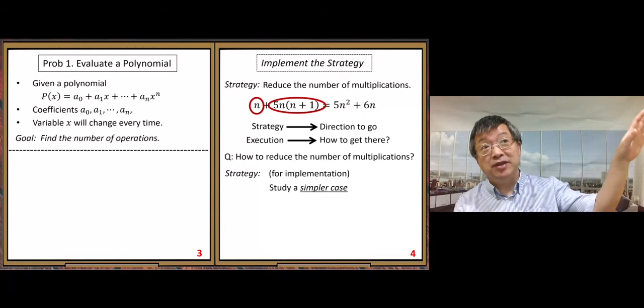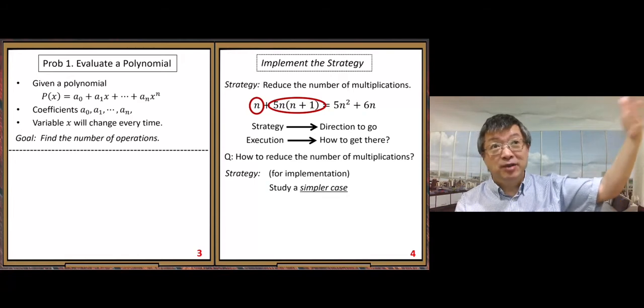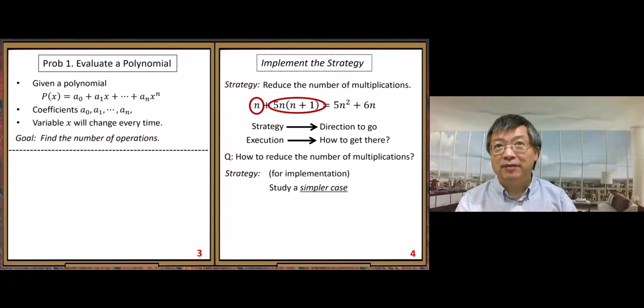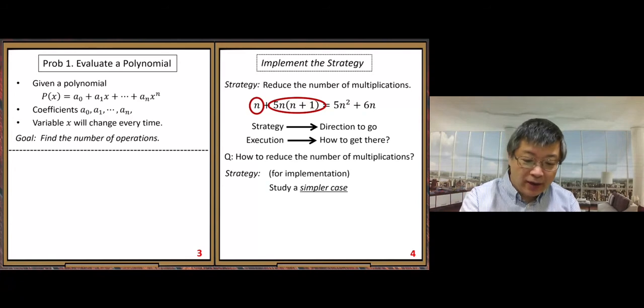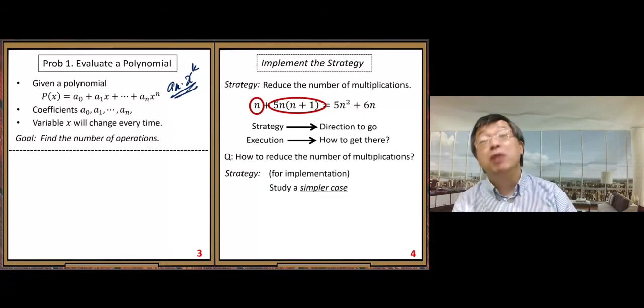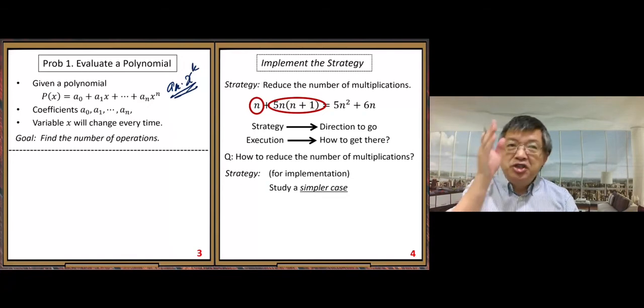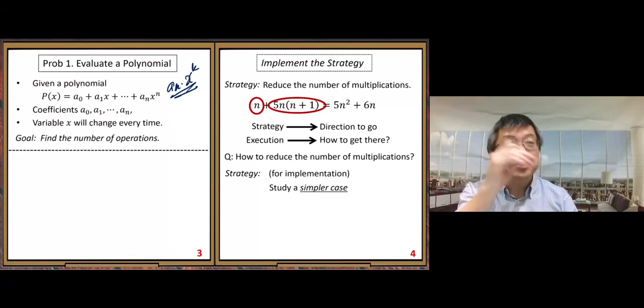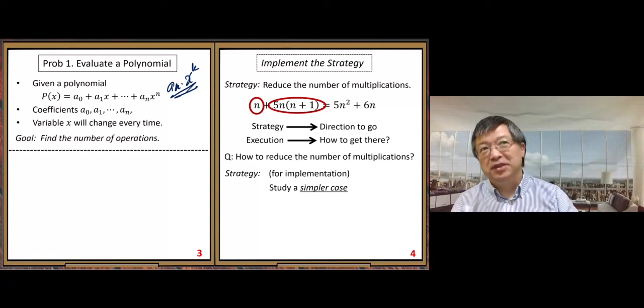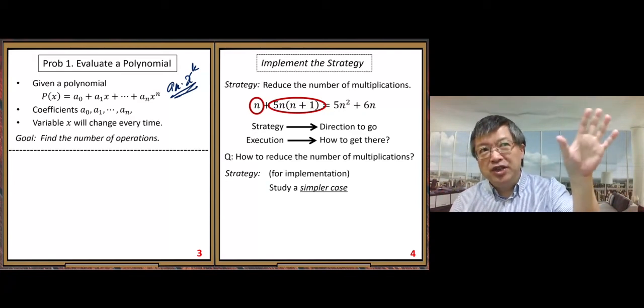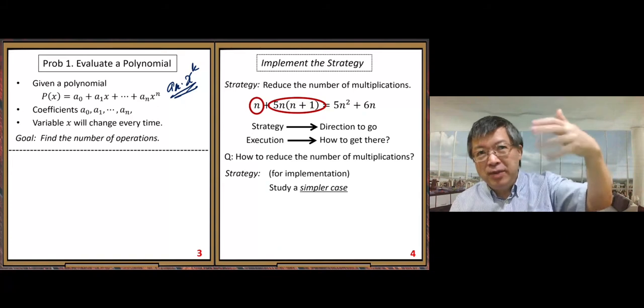Try to experiment from simple cases. When we calculated the general term ak times x to the k, we applied a similar strategy. You can see the same strategy, we use it many times.